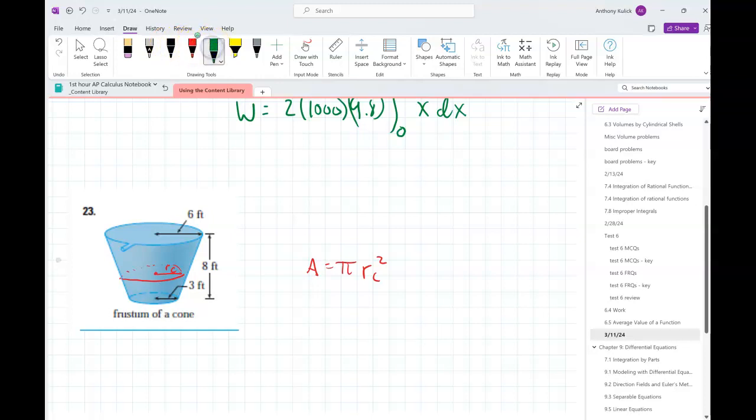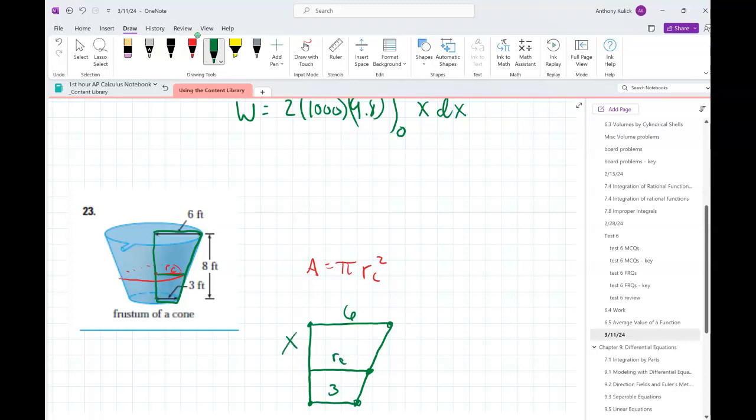So what I'm going to do is a similar figures thing with that piece. I'm going to redraw that though. So I know that's 6, I know that's 3, that's my RC.